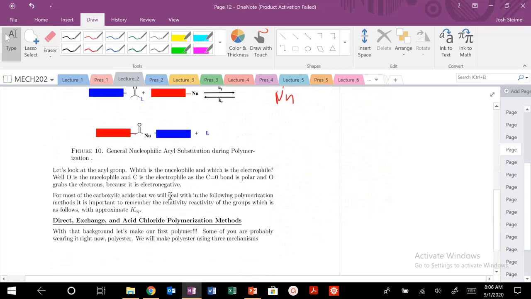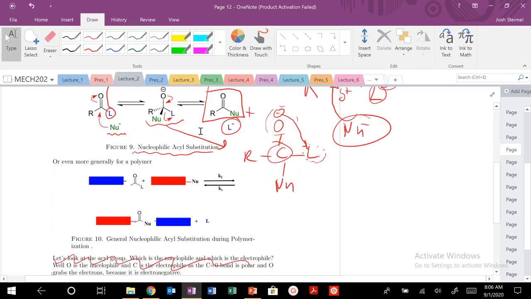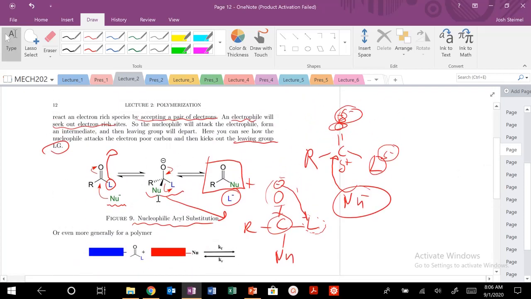Now, let's look at what makes a good leaving group. If we want this nucleophilic acyl substitution to proceed as well as possible, what attributes do we want for our leaving group? The nucleophile is an electron-rich species that wants to react with an electron-poor species right here.